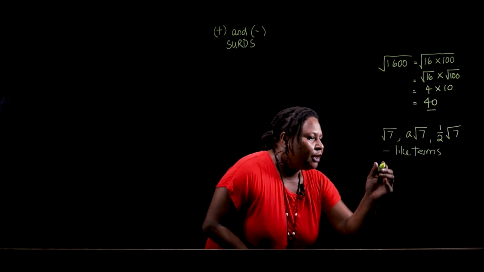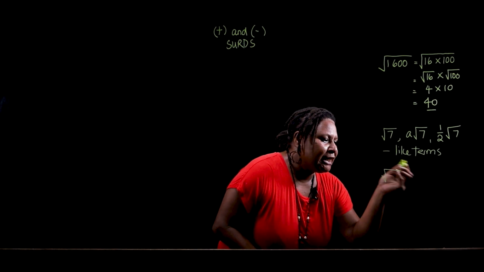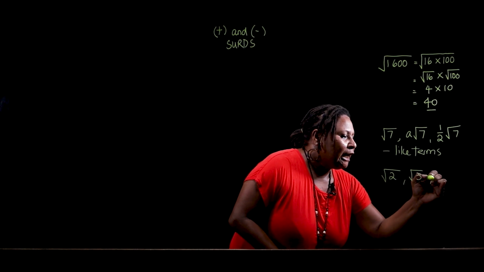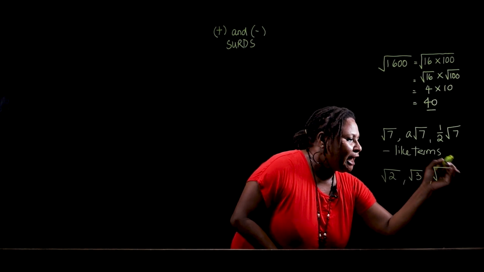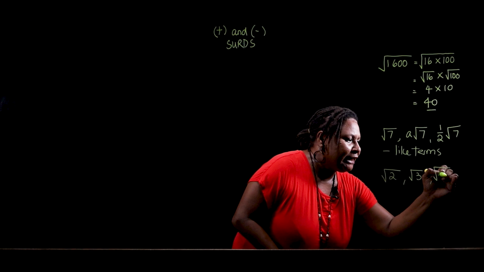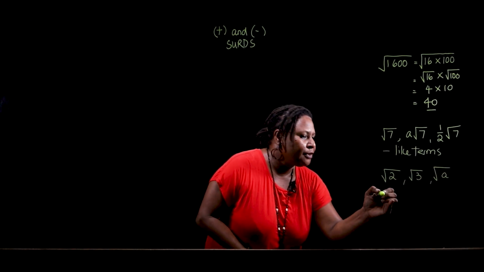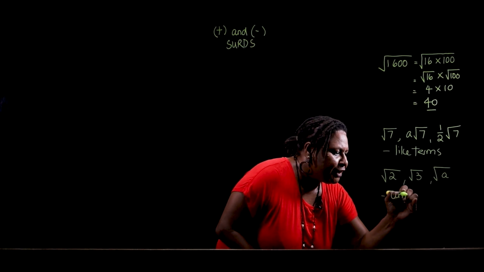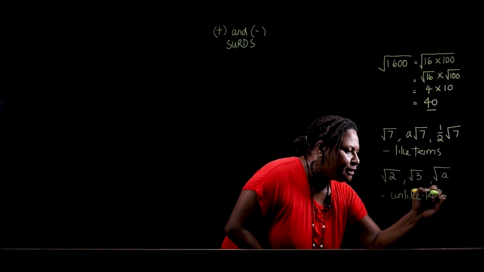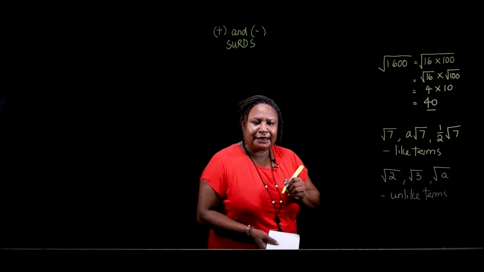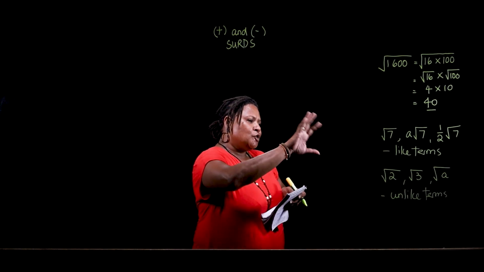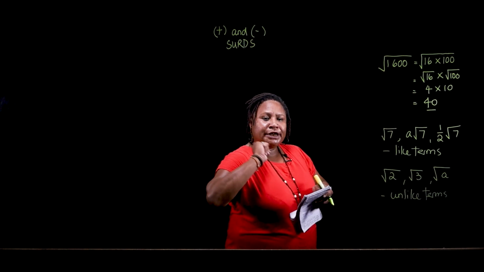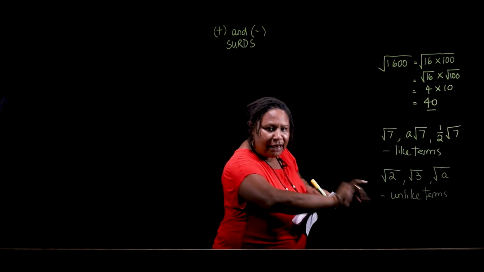Unlike terms would be numbers that are different, root 2, root 3, or an algebraic term underneath a radical sign like root a. All the numbers under the radical are not the same, so these are referred to as unlike terms. So we keep in mind like terms and unlike terms when simplifying surds.